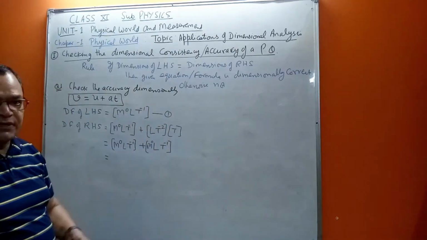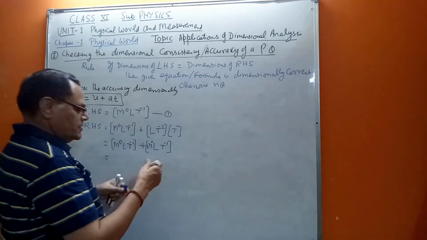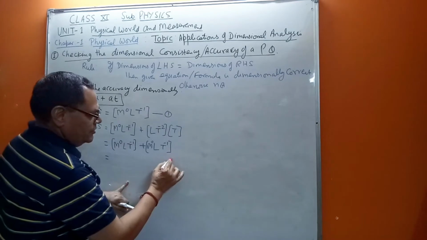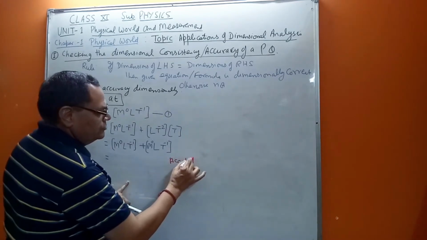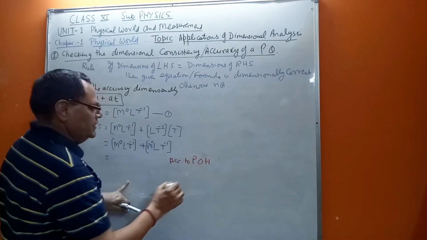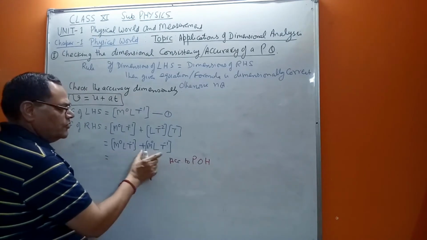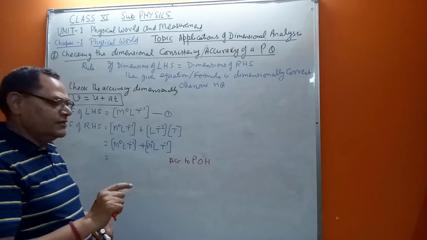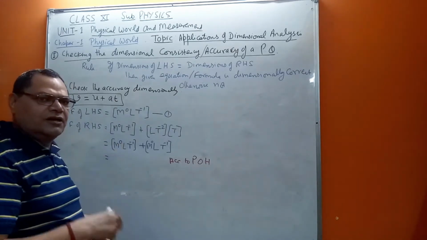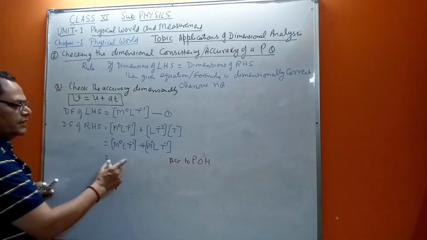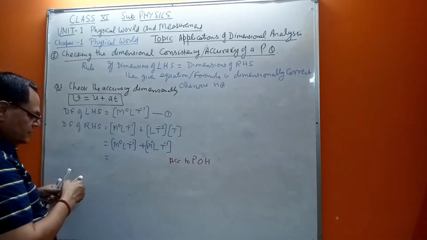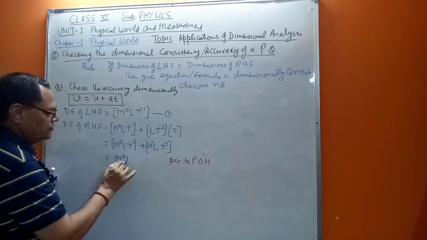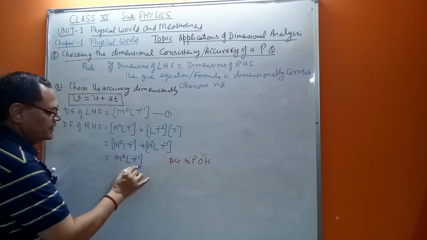So in principle of homogeneity, what was the principle of homogeneity? According to the principle of homogeneity, the dimensions of similar physical quantities will remain the same in addition or subtraction. Therefore, the final dimensions will be M0 L T minus 1.